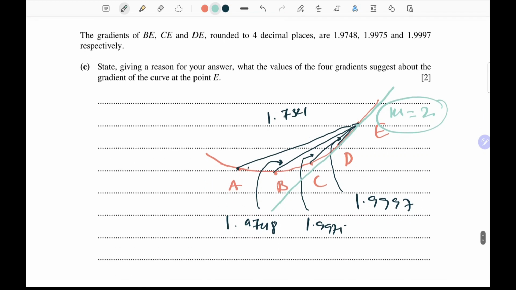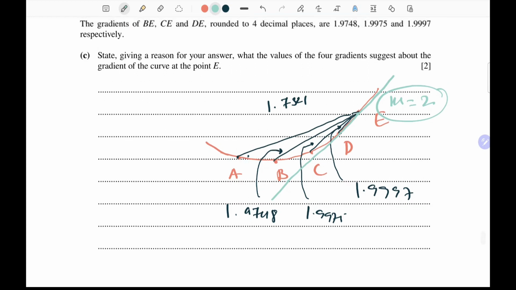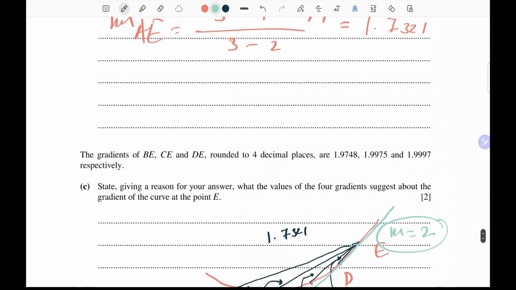So I have explained all these reasons and explanations, so you can write accordingly.